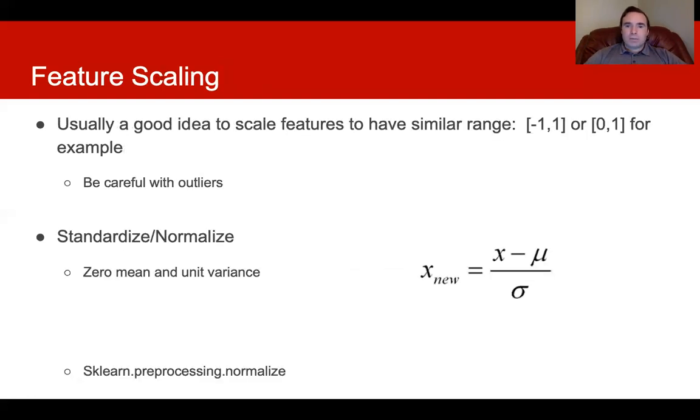This is one aside that we'll come back to in class as well. For a lot of different methods, scaling your data to have similar ranges across different features can be very helpful and make the method work better in terms of figuring out how to treat one feature relative to others.